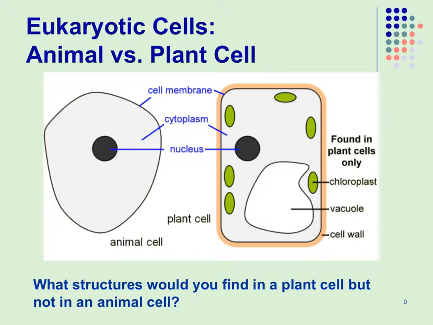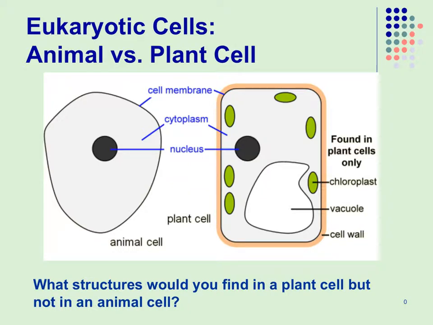The cell wall is something that plants have and animal cells do not. We have a backbone and bones to help add support to our bodies, but plants don't have those. So the cell wall basically serves that function for them. It's a thick layer that adds structural support and also protection for the plant cell.